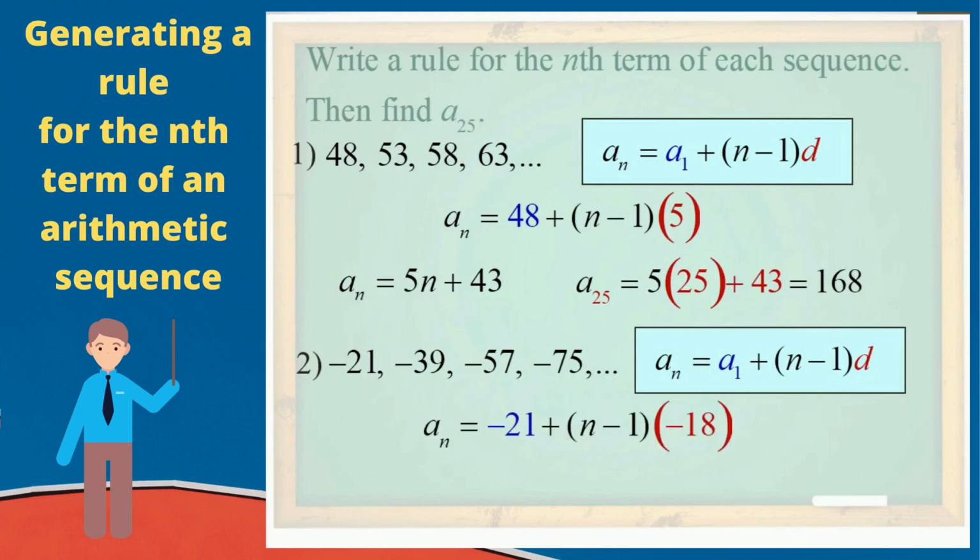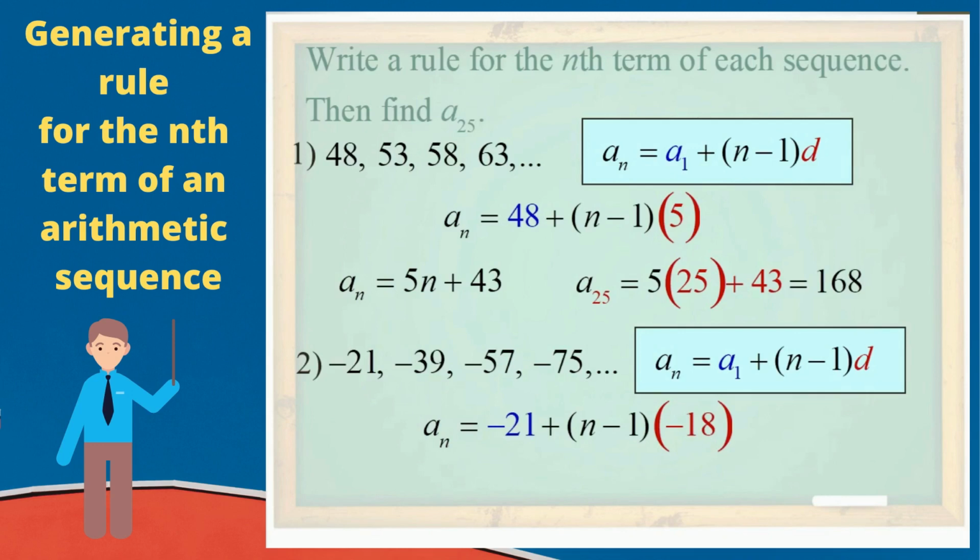So what is the value of the first term? The first term is negative 21. And what is the value of the common difference? Negative 18. How did we get the value of negative 18? Okay, so that is by subtracting a sub 2, which is negative 39, minus a sub 1, which is negative 21. And that is negative 18.